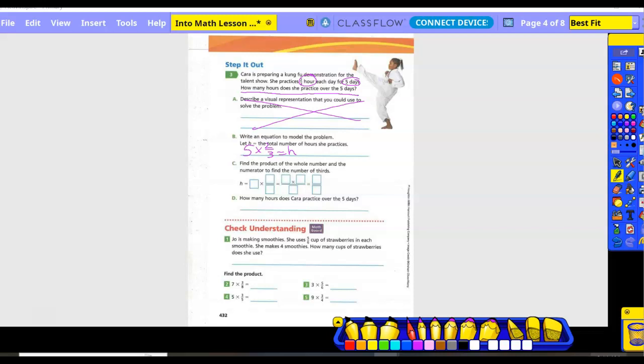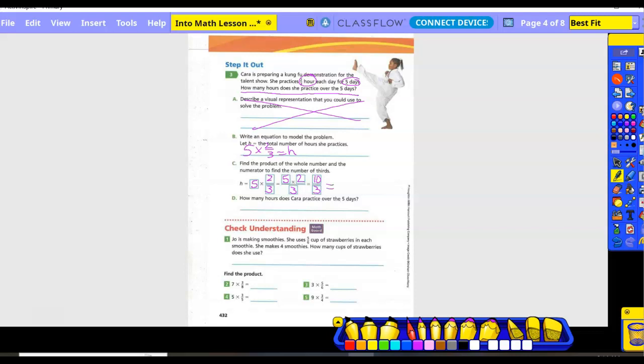Okay, so now they want us to fill this in. So 5 times 2/3. So what do I multiply? 5 times 2, and put the 3 down here. What is 5 times 2? 10/3, right? Okay, is that simplified?